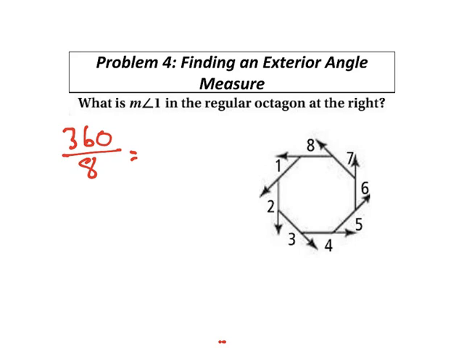Do that, and we get 45 degrees. That's for angle 1. That's also for angle 2, 3, 4, 5, 6, 7, and 8. Because it's a regular octagon, the exterior angles are going to be the same because all the interior angles are the same.